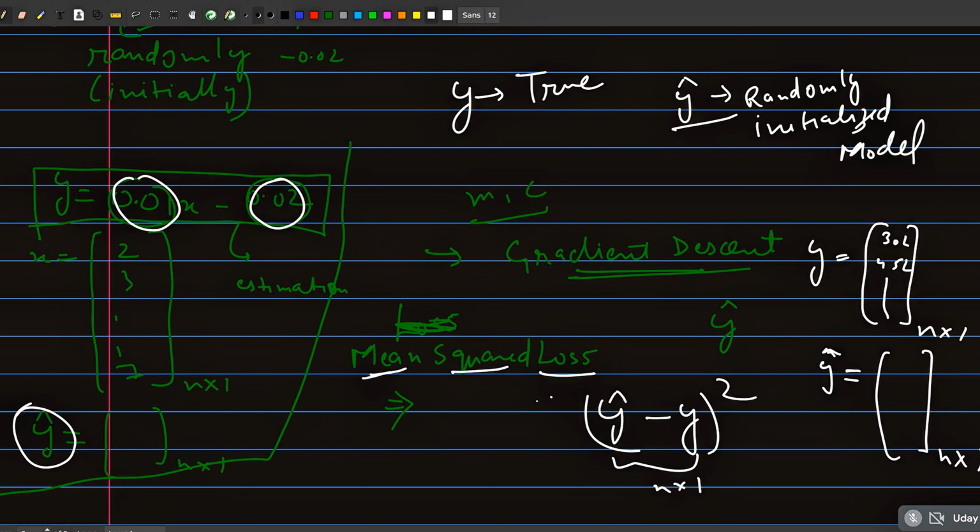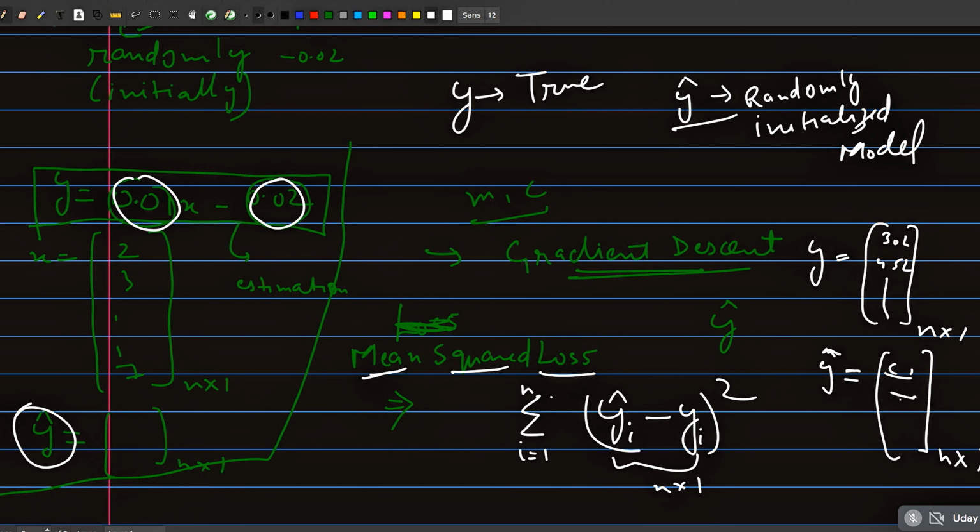So what we will do, we will take it as a summation i equals 1 to n, y hat i minus y i. Okay, what did we do, did you understand? We are taking the difference between 30 and whatever we predicted, 30 minus this one plus 45 minus the second value.